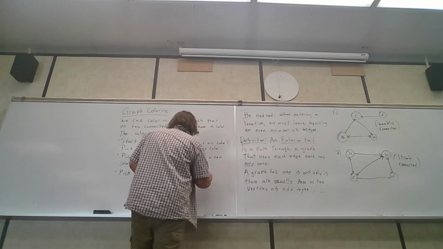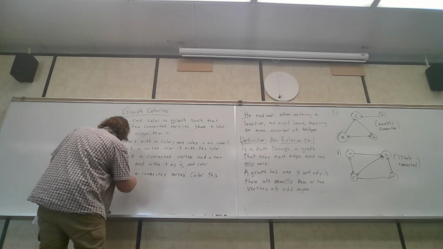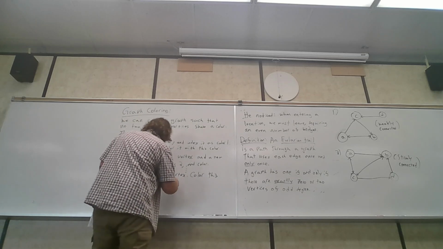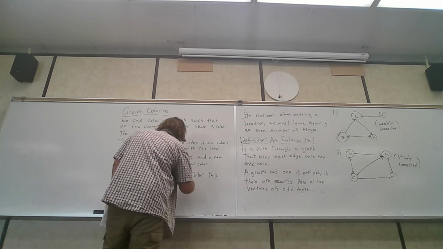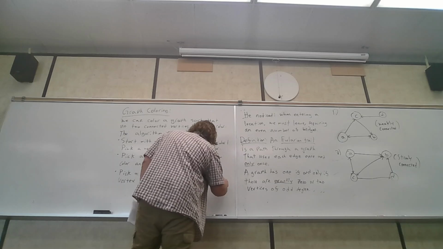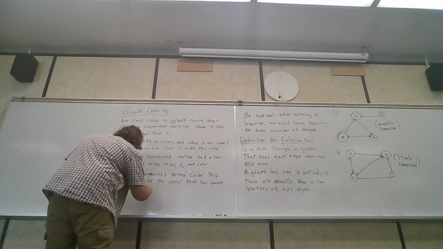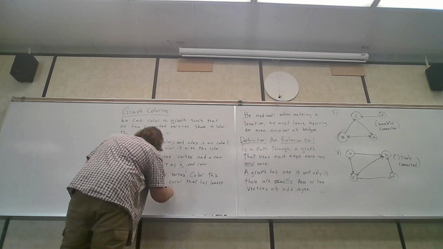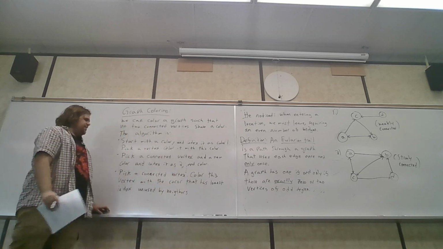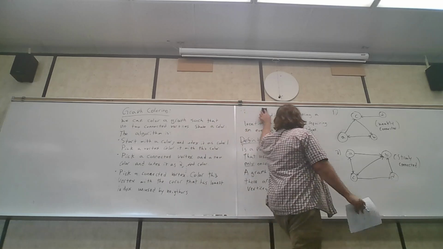Color the vertex you just found with the color that has lowest index unused by neighbors. So, okay, this sounds like a mouthful. Let's actually color a graph using this algorithm.